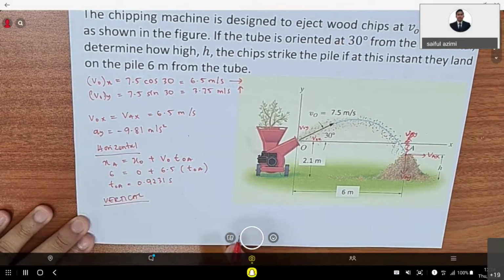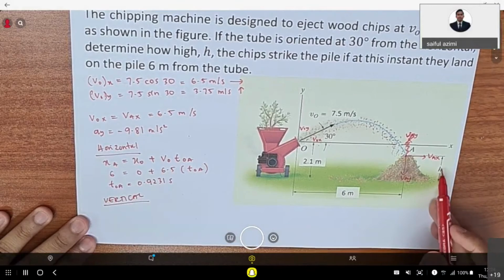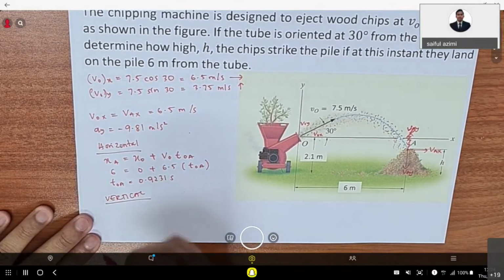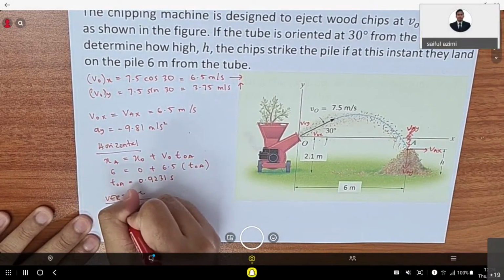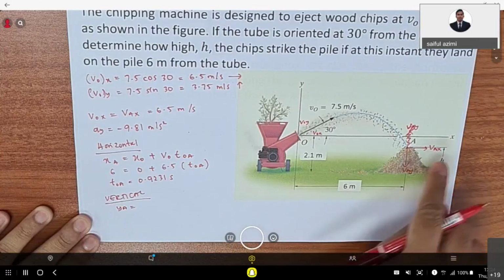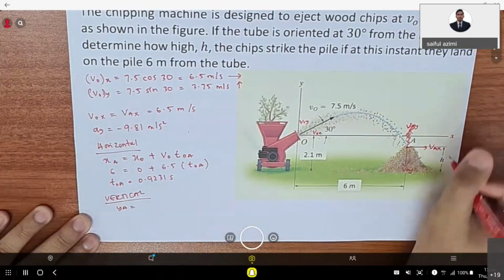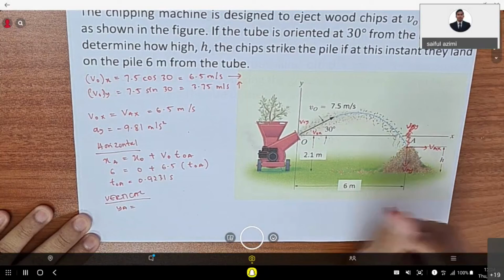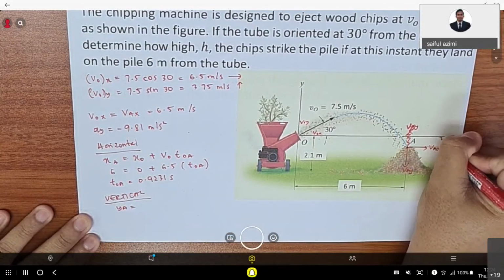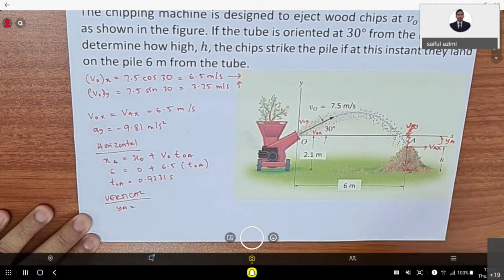Next you need the vertical motion, because we want to find h, and h is in the vertical direction. So you have YA, the final location on the y-axis.